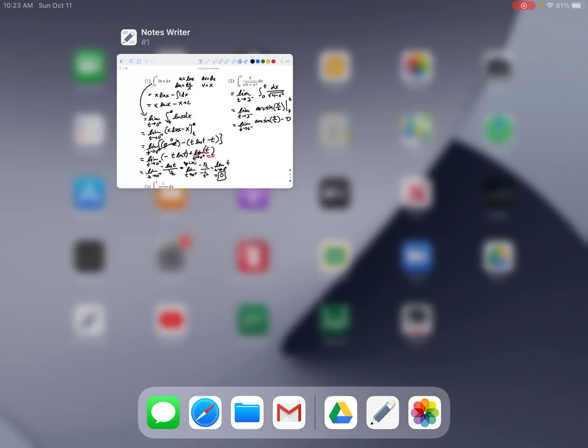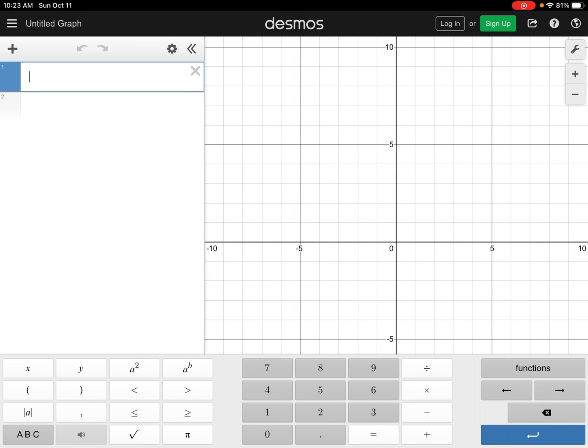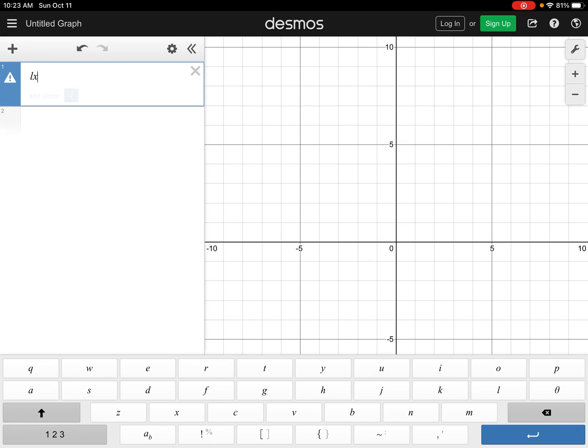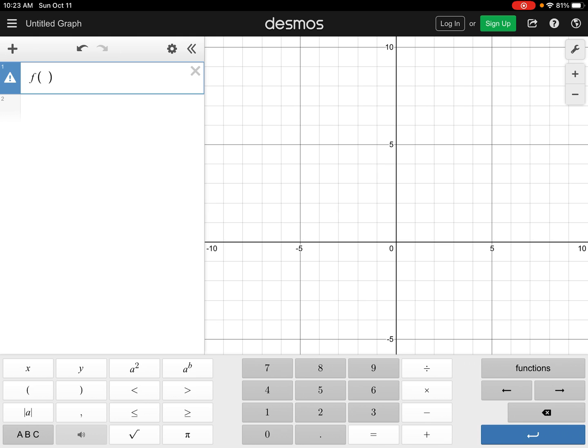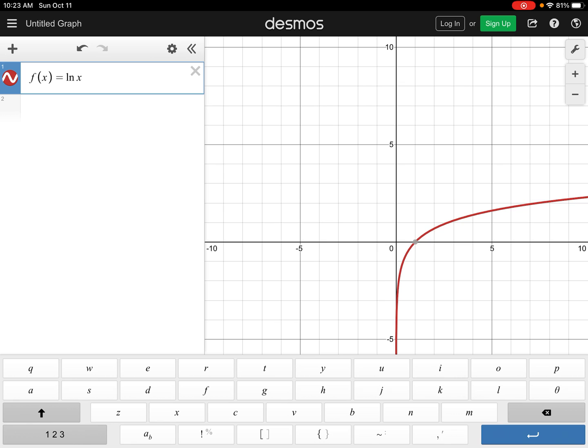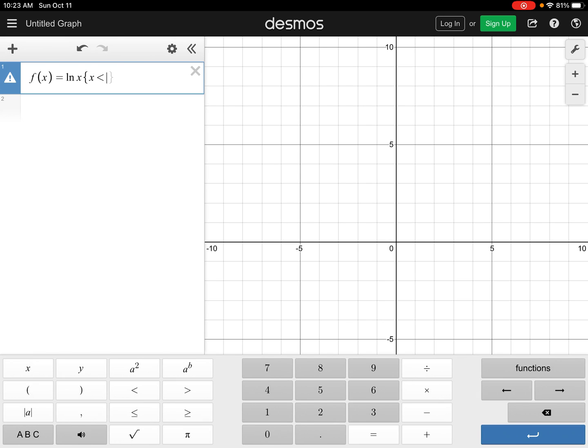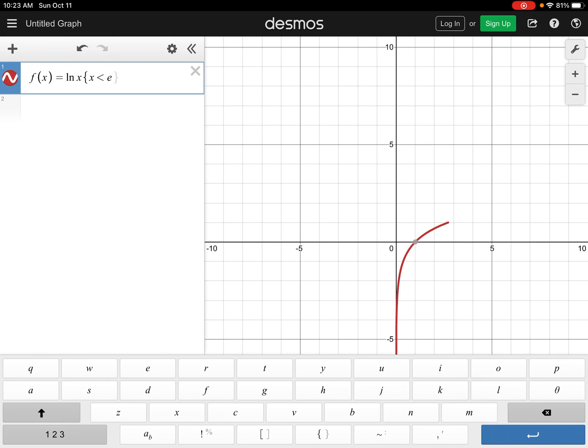So let's go ahead and take a look at that. So we've got f of x equals the natural log of x, and we can restrict it to x less than e.